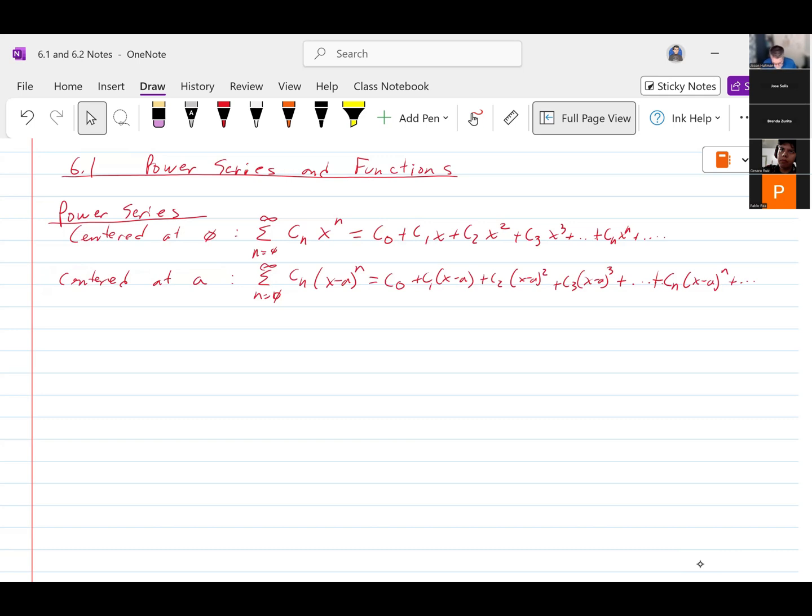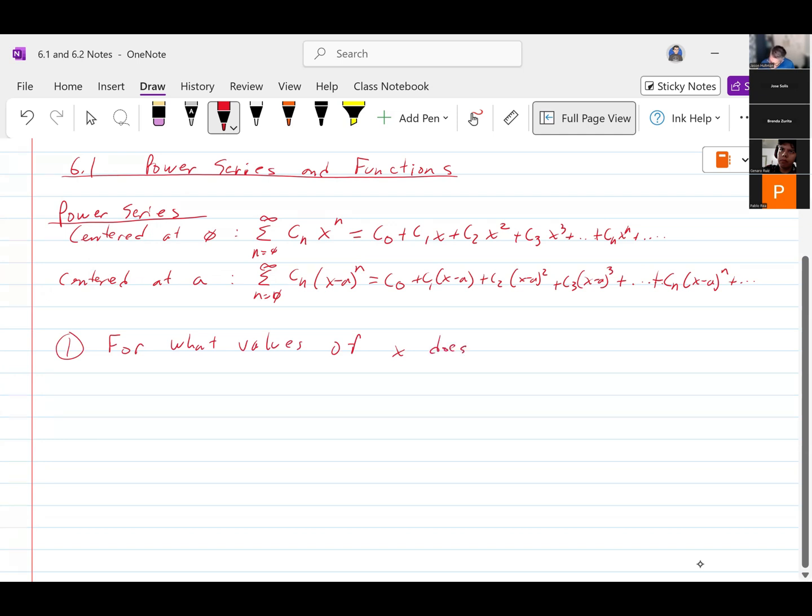So if I look at that question, for what values of x does the series summation n equals 0 to infinity of n factorial x to the nth converge? Now, the constant is just n factorial. I'm going to use the ratio test to tell me when this thing is going to converge.